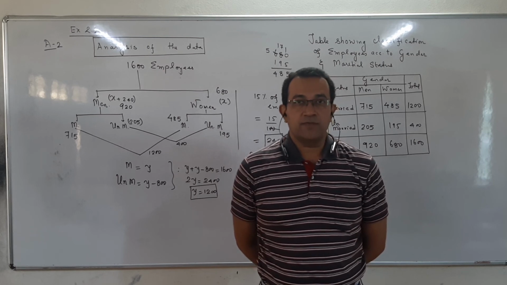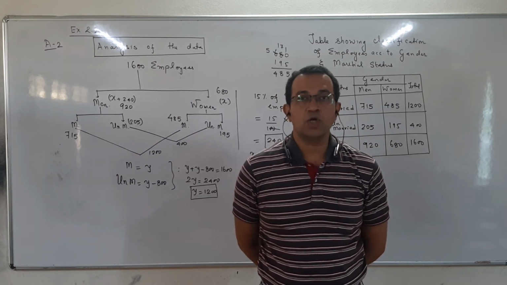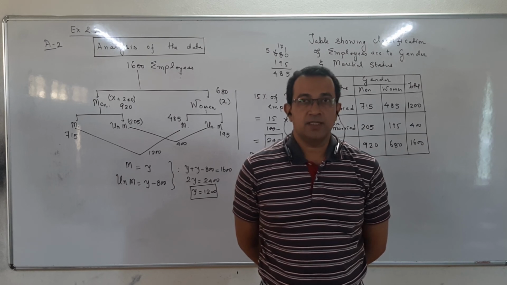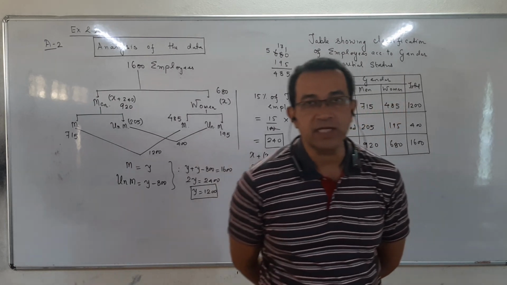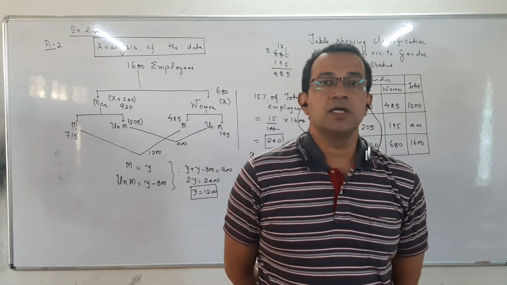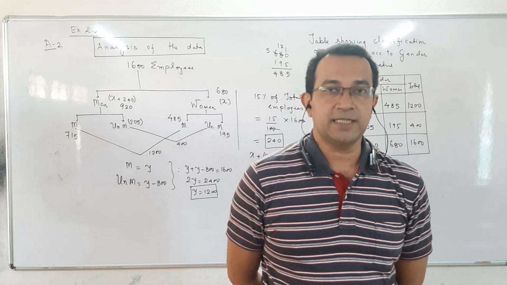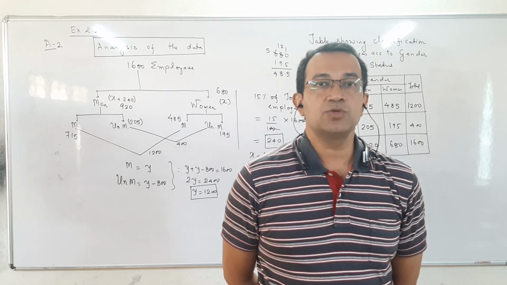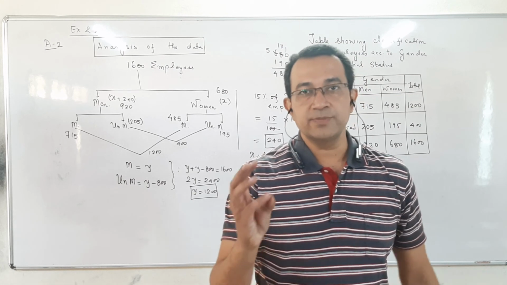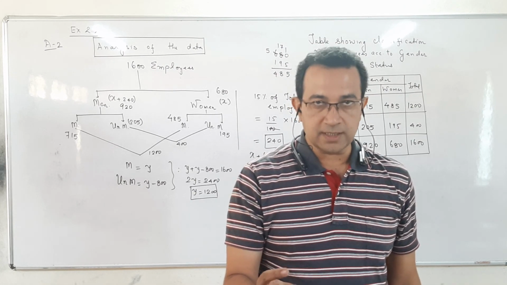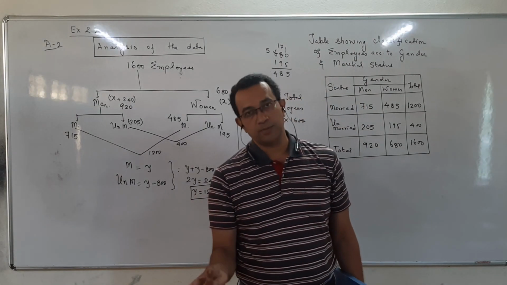The method of systematically arranging attributes or qualitative data in the form of rows and columns based on the standard of classification is called classification of qualitative data. There are two types: simple classification or table, and multiple or manifold classification or table.